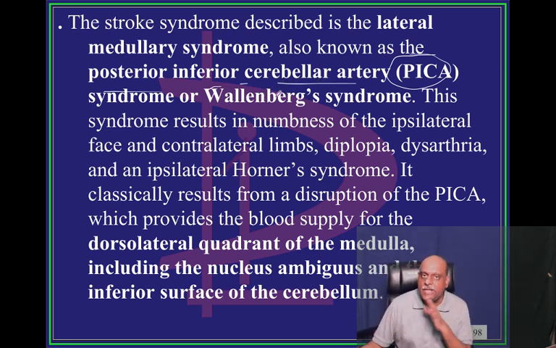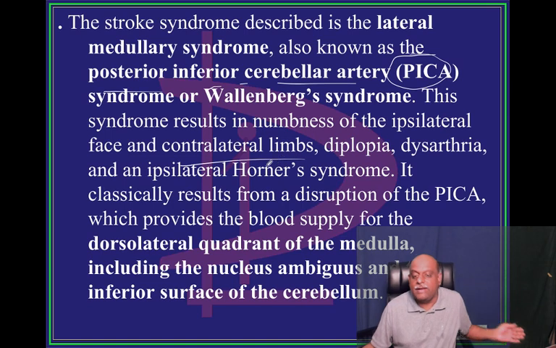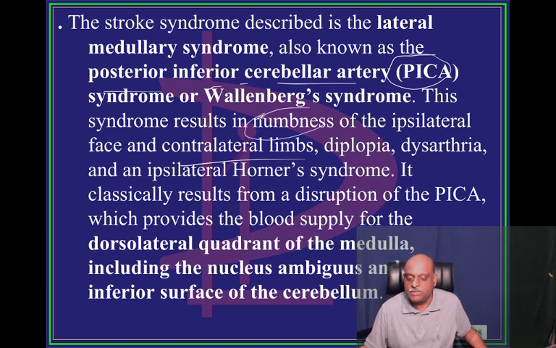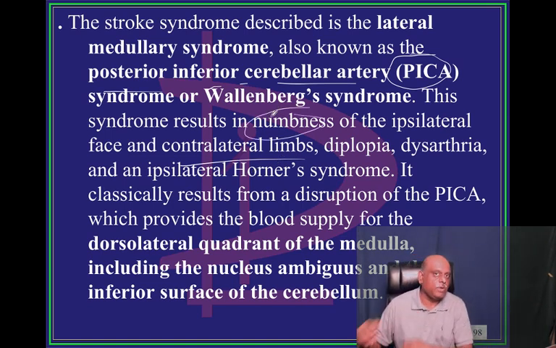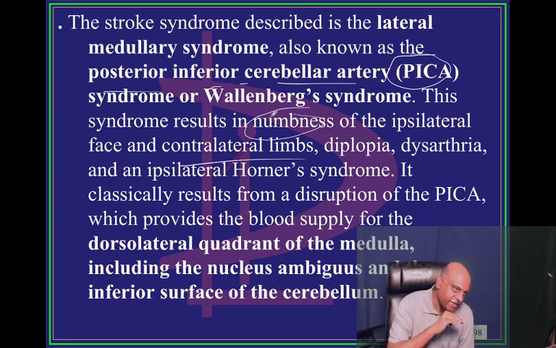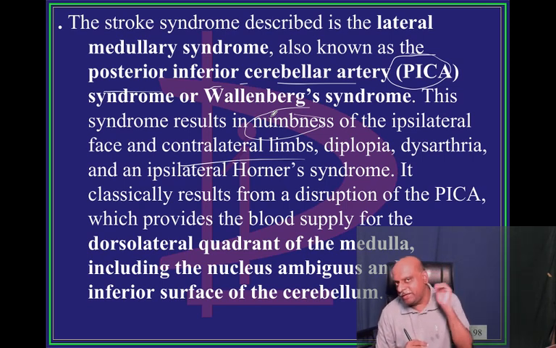So that leads to ipsilateral face and contralateral limbs numbness. Ipsilateral face because your trigeminal nerve brings the pain sensation ipsilaterally. It won't decussate. Right side trigeminal, right side pain and temperature. Left side trigeminal, left side.